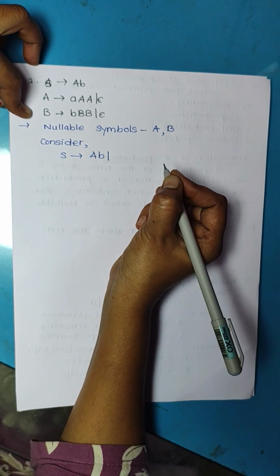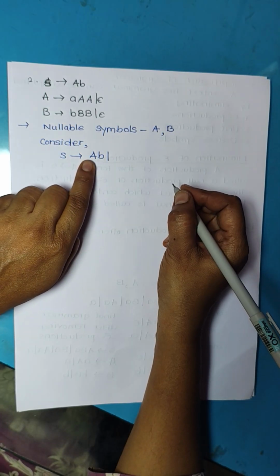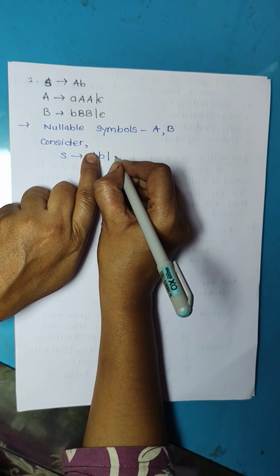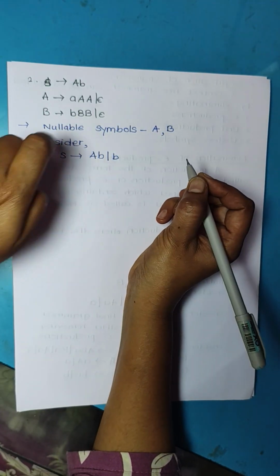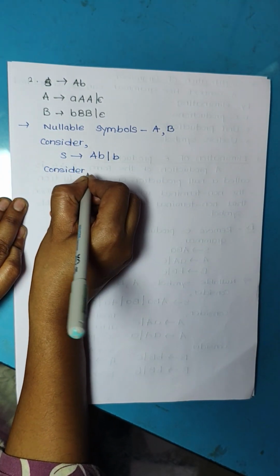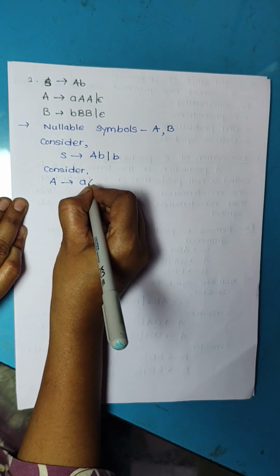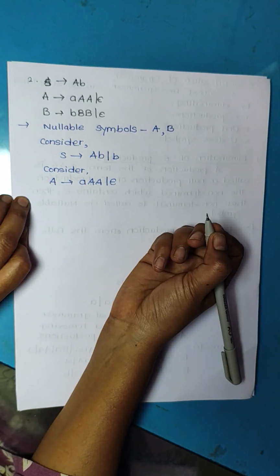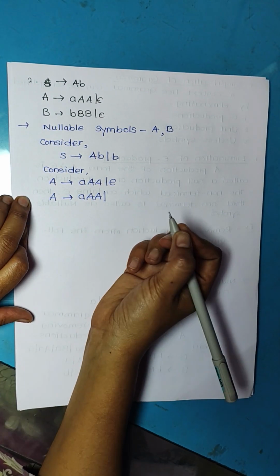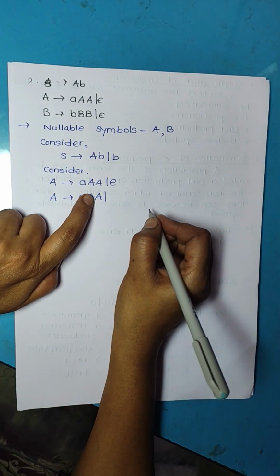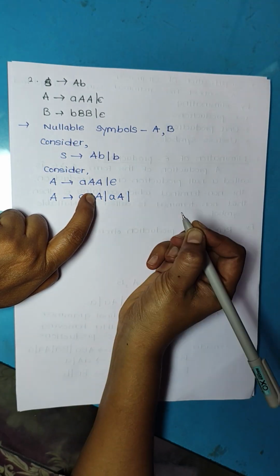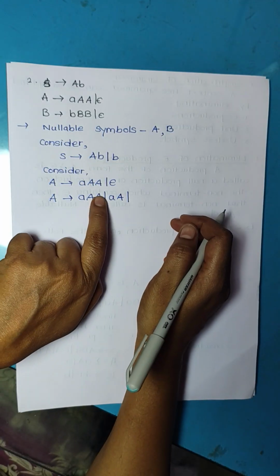Here we add new productions: A is a nullable symbol, so instead of this A we replace epsilon, so the new production will be S gives B. This is our new production. Then consider the second production, A gives A or epsilon. First write down the first production, that is A. A is a nullable symbol, so instead of this A we replace epsilon.